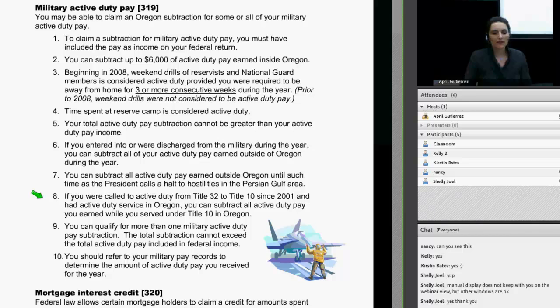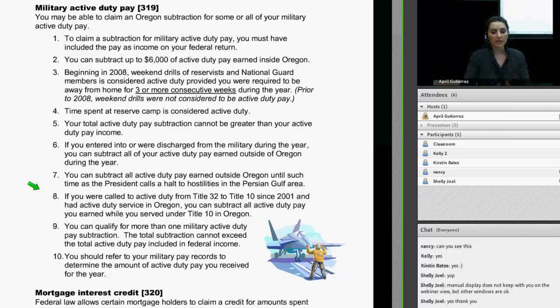If you were called to active duty from Title 32 to Title 10 since 2001 and you had active duty service in Oregon, you can subtract all active duty pay you earned while you served under Title 10 in Oregon. Normally, active duty service in Oregon is limited to $6,000 a year.